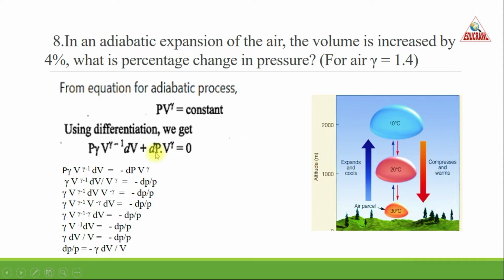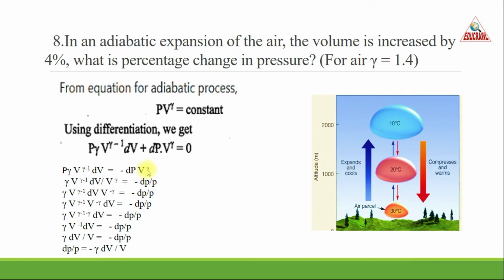Now take the second term to the other side, so it becomes a negative term. So P into gamma into V power gamma minus 1 into dV is equal to minus dP into V power gamma. After this, it is mere mathematics, mere rearrangement. Just follow the steps. In the LHS, you have got V power gamma.